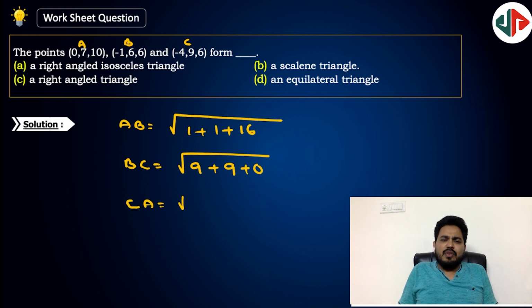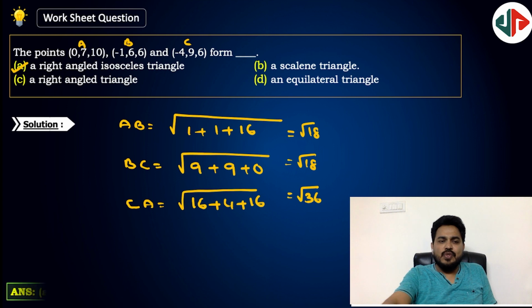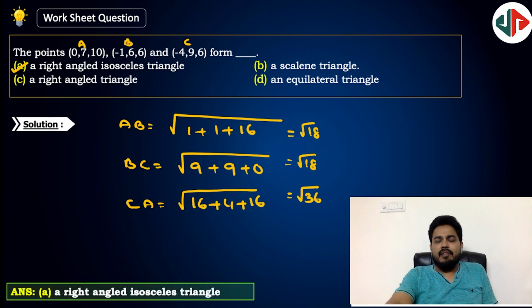CA is equal to root over 16 plus 4 plus 16. So this is root 18, root 18, root 36. So it is a right-angled isosceles triangle.